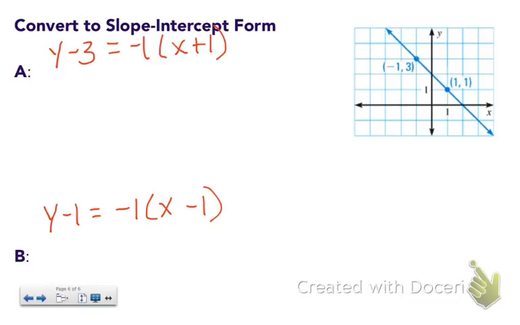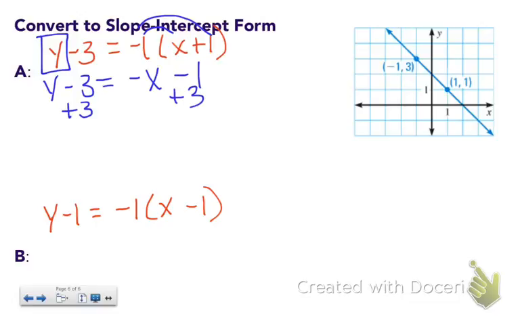Okay, so now we want to take these equations in point slope form and change them so that they're in slope intercept form. So remember, I'm trying to get y by itself, and these are the two different equations we got. So again, I'm going to distribute, so I get y minus 3 equals -x, or -1x, minus 1, negative times a positive, and now I'm going to add 3 to both sides.